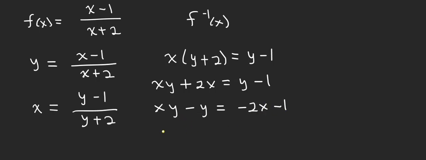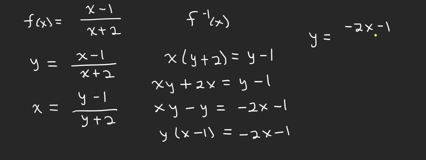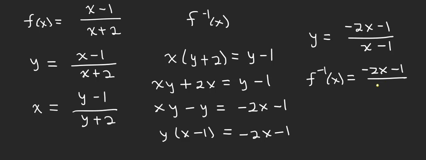Now let's factor out the y, and let's solve for y by itself. So you end up getting negative 2x minus 1 all over x minus 1. So now y is by itself, and the inverse of f will be negative 2x minus 1 all over x minus 1.